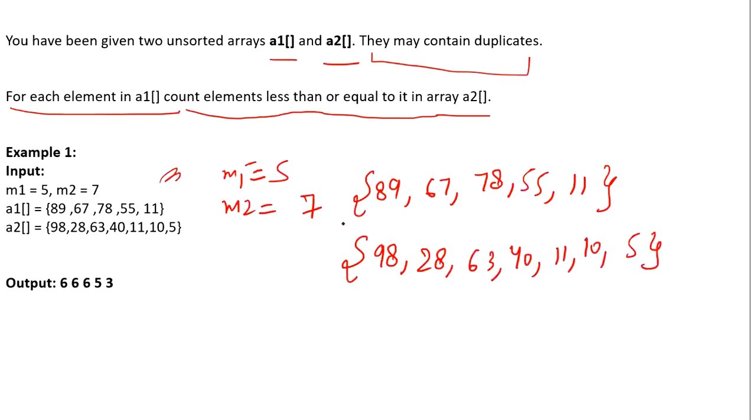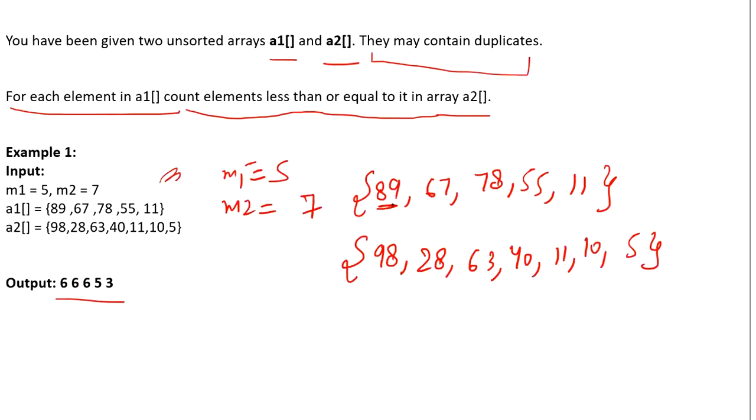So what we have to do is count the elements less than or equal to it in array A2. For example, we come to this 89, and what is the output here? 6, 6, 6, 5, 3. This is what we are getting.